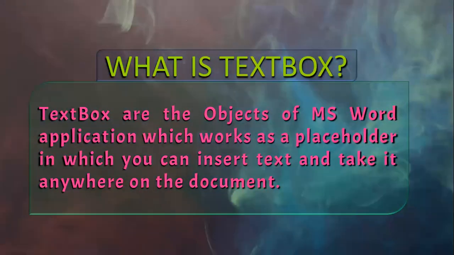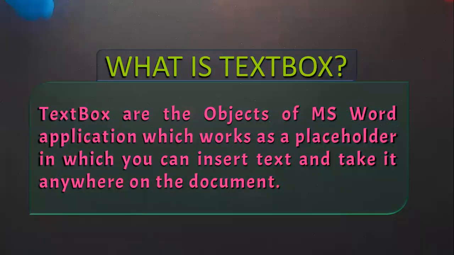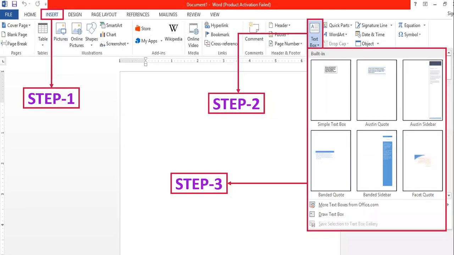So let's see the steps for inserting a text box. The first step is to click on the Insert tab. Second, inside the ribbon of the Insert tab, you will get the Text Box option, so you need to click on that. When you click on the Text Box option, a drop-down menu will appear.